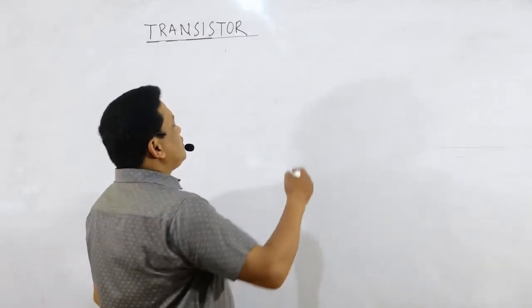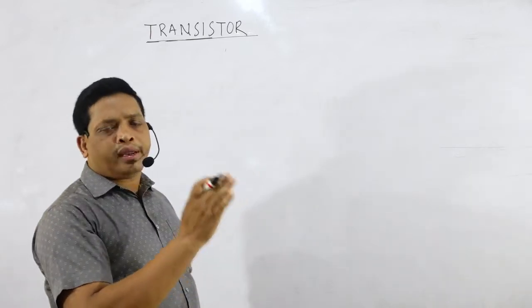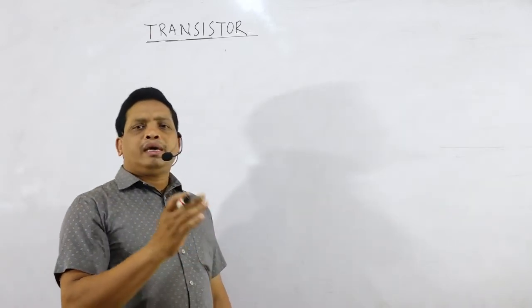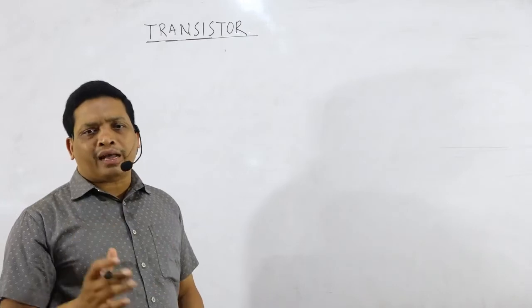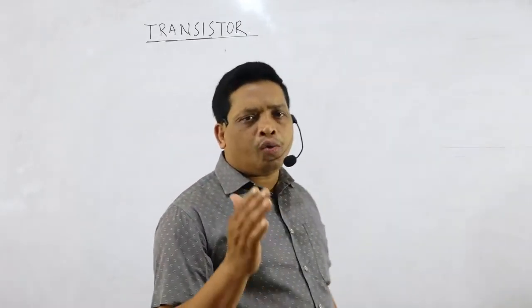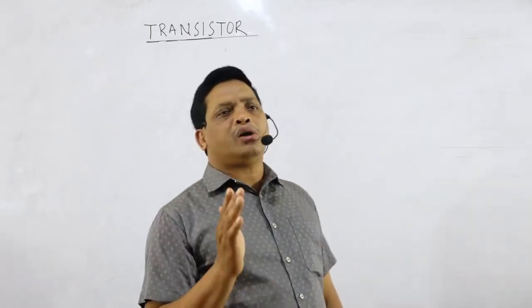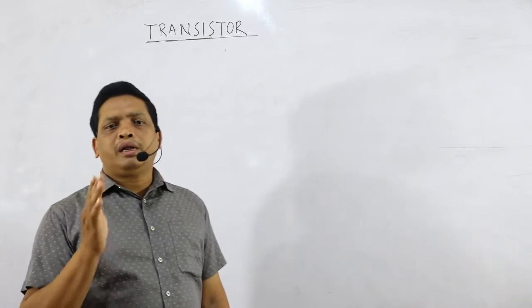I told you that in the transistor the input PN junction is always forward biased. And the output PN junction is always reverse biased.